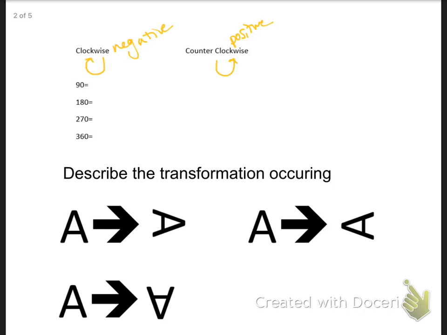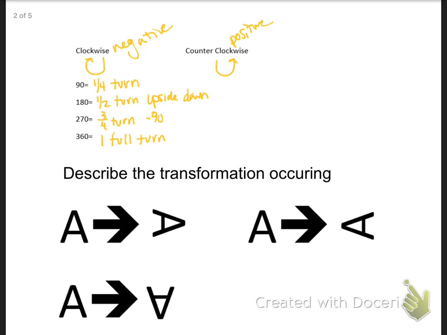Okay, so 90 degrees is going to be me taking it a quarter of a turn. 180 is going to be a half turn, or upside down of what it originally was. 270 is 3/4 of a turn, or we could say 90 the opposite direction, so -90 if you wanted to go the other way. 360 is one full turn, so it will look like the same image.